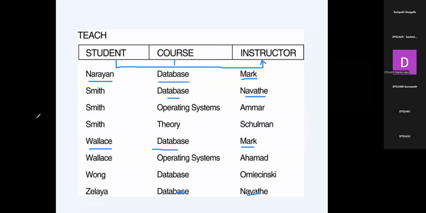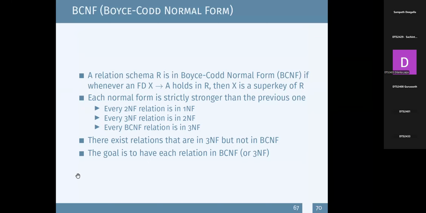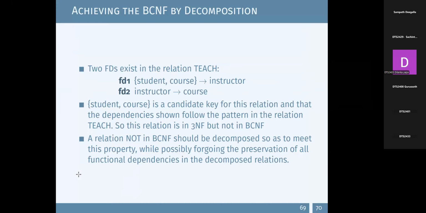So how do you handle this? That's what we are going to discuss now. In this particular case, what we have observed is two functional dependencies you can identify. Using both student and course, you can functionally determine the instructor.